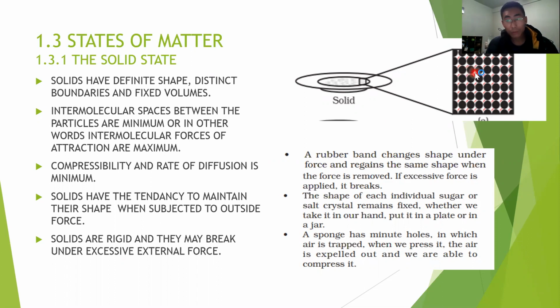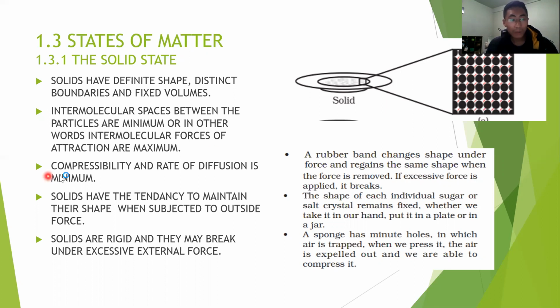Now when it comes to solids, there are very few spaces between them. This is attributed to the fact that the forces of attraction between these particles are very strong, so they are tightly packed. That is what makes your intermolecular spaces minimum.